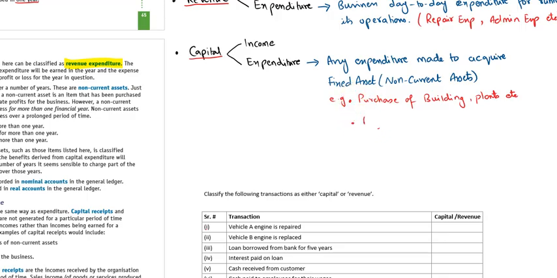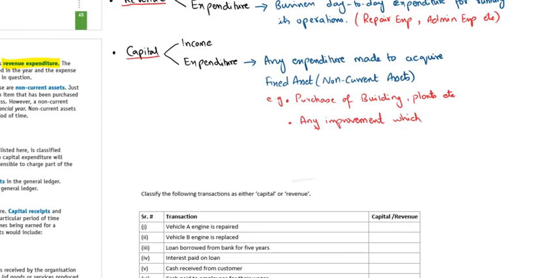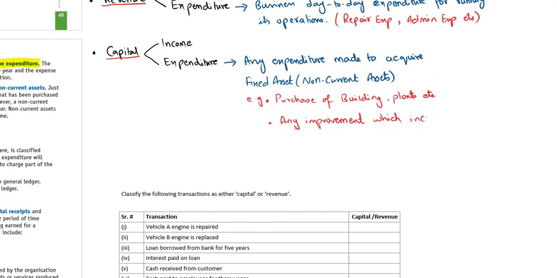So any improvement which increases the life or efficiency of an asset is also treated as capital expenditure.